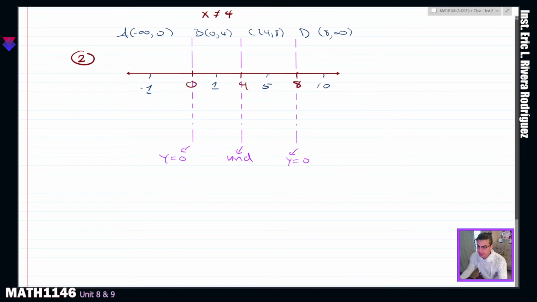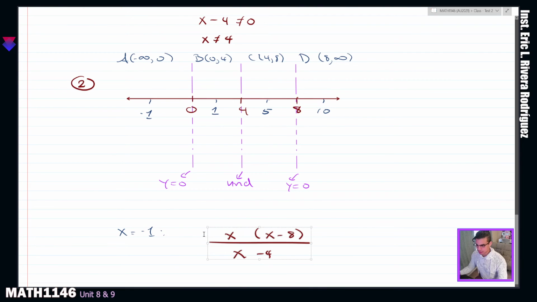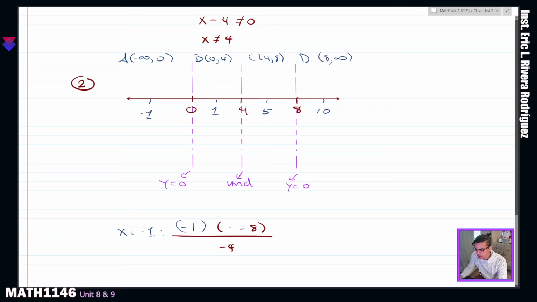Testing for each of them, I'm not going to do step number 3. Maybe I'm going to do it just for A, just to show you the complete process. But I'm not going to do the test for each region, because you already know how to do that, I'm just going to show you one evaluation. What is important is the sign.